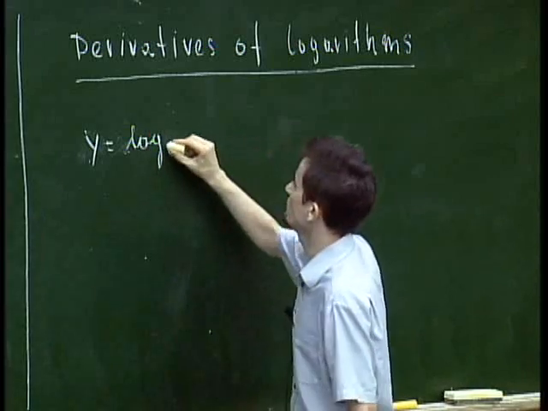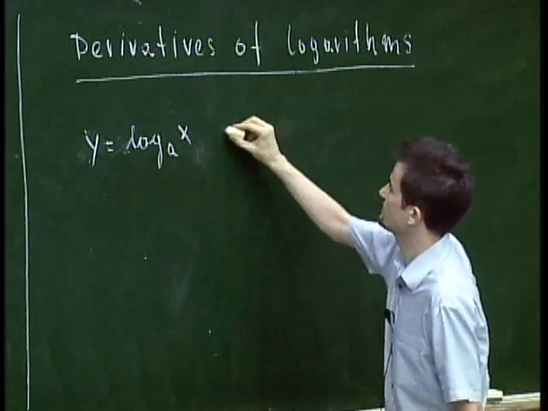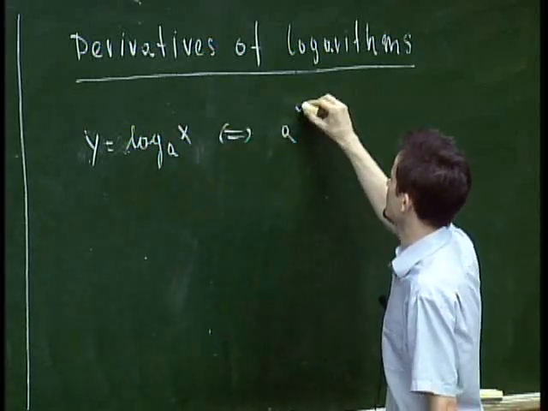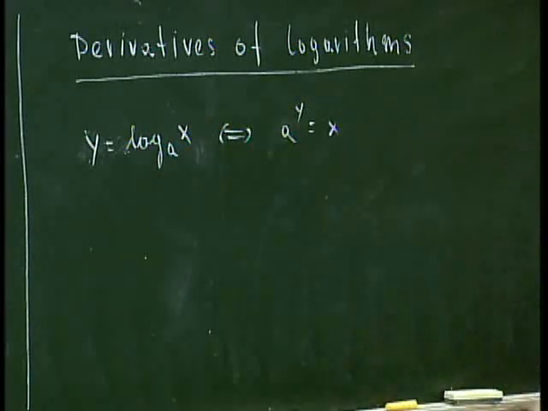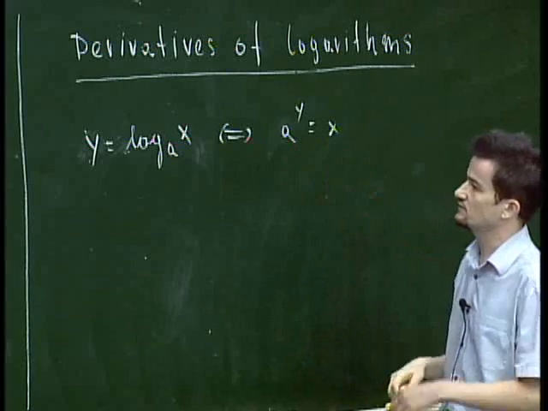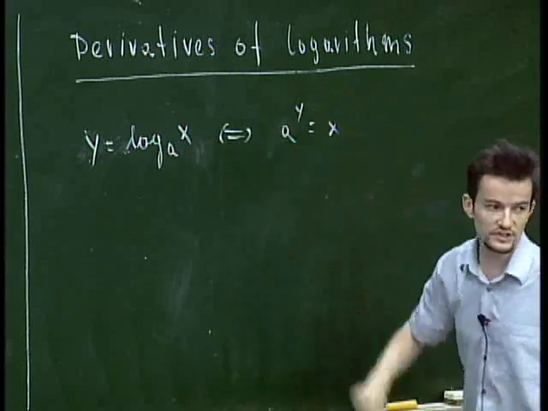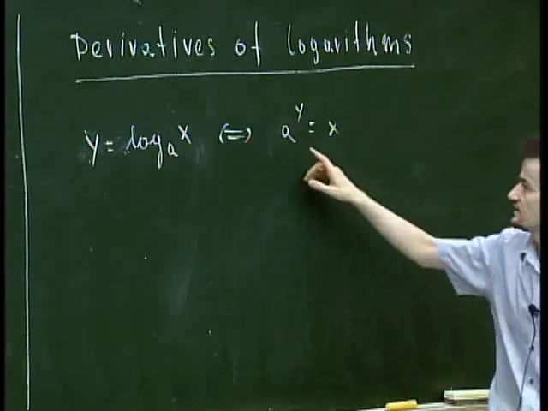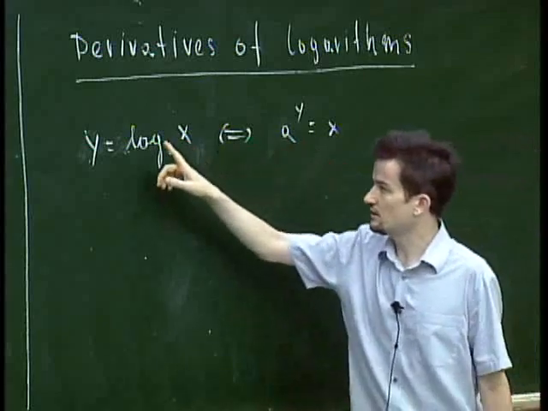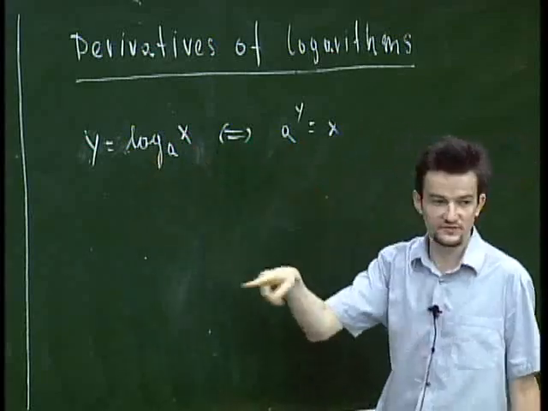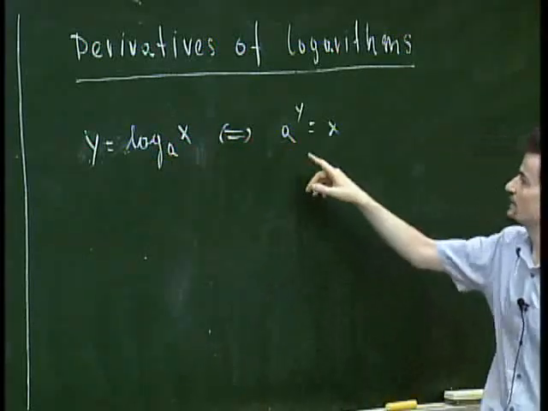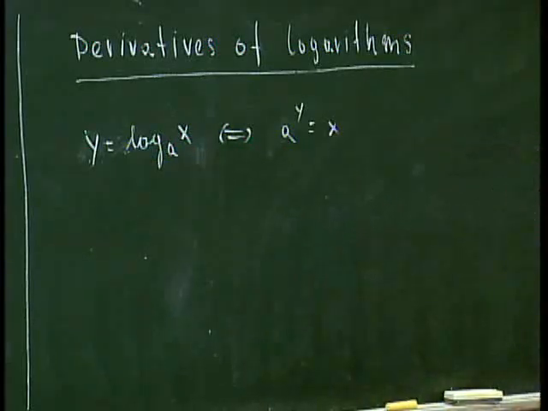We look at the logarithm to base a of x, and by definition, this means that a to the y is equal to x. Now we want to apply the method of implicit differentiation to this equation here. We know that the logarithmic functions are differentiable because of the theorem I told you, namely, the exponential functions are differentiable everywhere and do not have horizontal tangents.